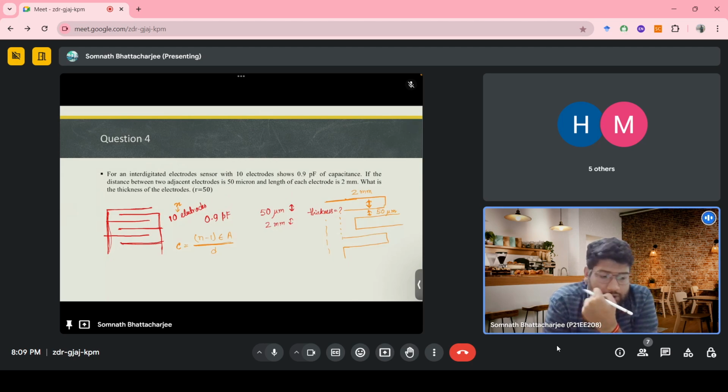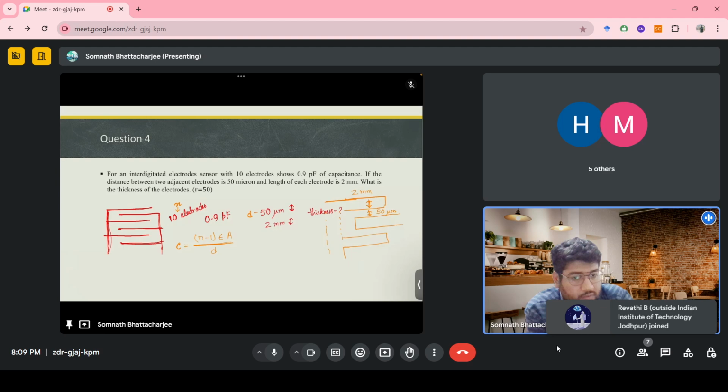We already got the number of fingers, which is n. What is the value of epsilon? And we need to calculate the value of d and a. D is also given here, the space between this. So this is the value of d. We have got the value of n. We just need the value of these two things.